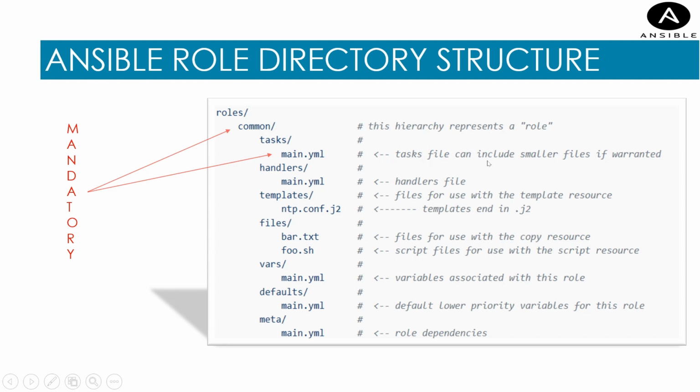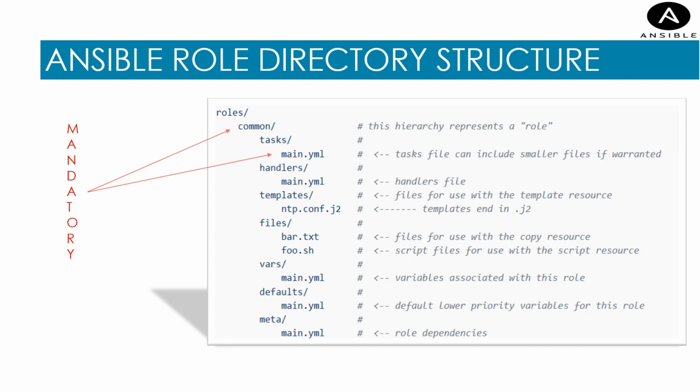Task files can include small files if wanted, and handler files are for use with the template resource, and in the template, j2 is a Jinja2 template. In files, we can include multiple files for different purposes. Let's say a .sh file for a script, or a text file for the copy resource from one location to another.